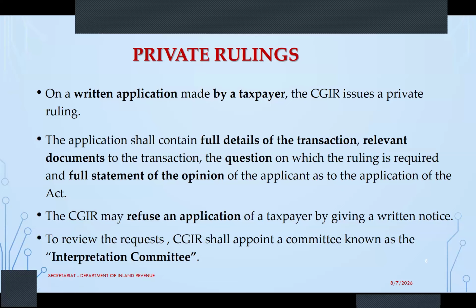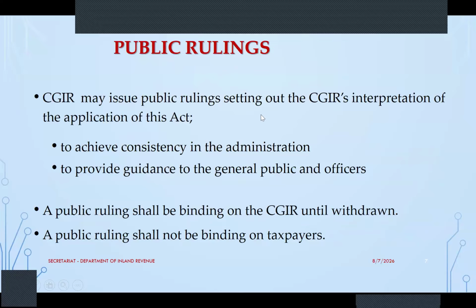But the Act says specifically to form an interpretation committee to issue private rulings. Private rulings should be requested by the taxpayer. Public rulings, without any request by the taxpayers, the Commissioner General can issue.